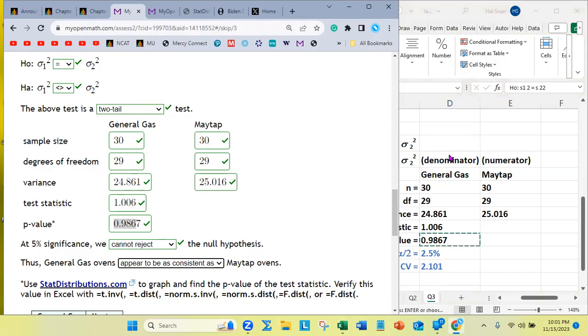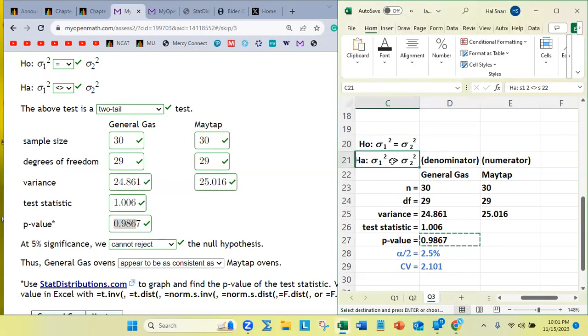So if we reject, we're accepting the alternative, right? And the alternative is they're different. If we say we reject the null, we're accepting the alternative, and the alternative is that it's not as consistent.